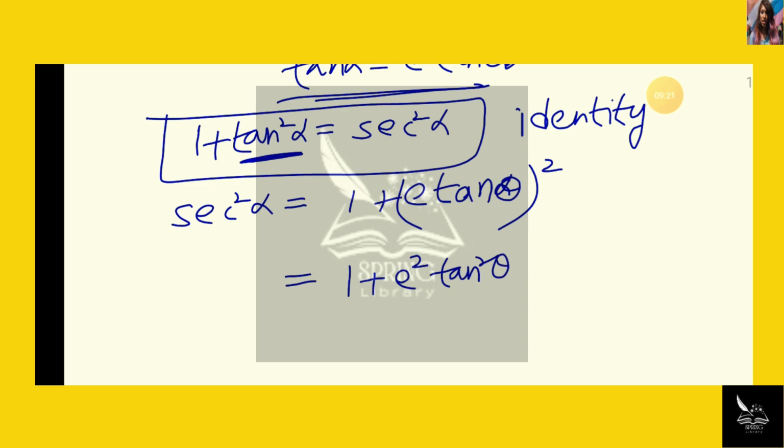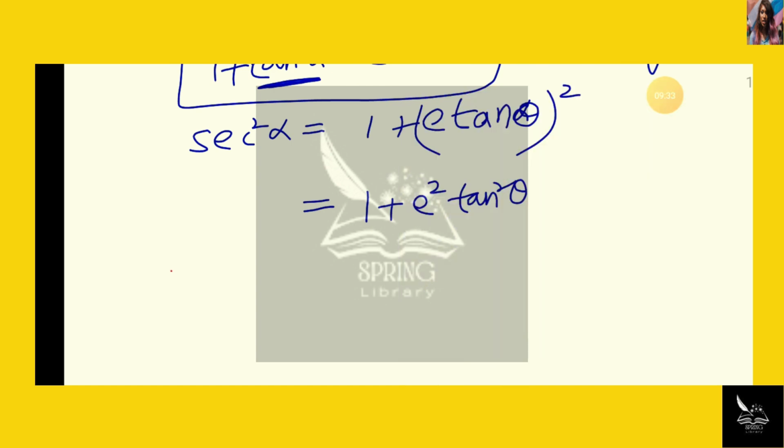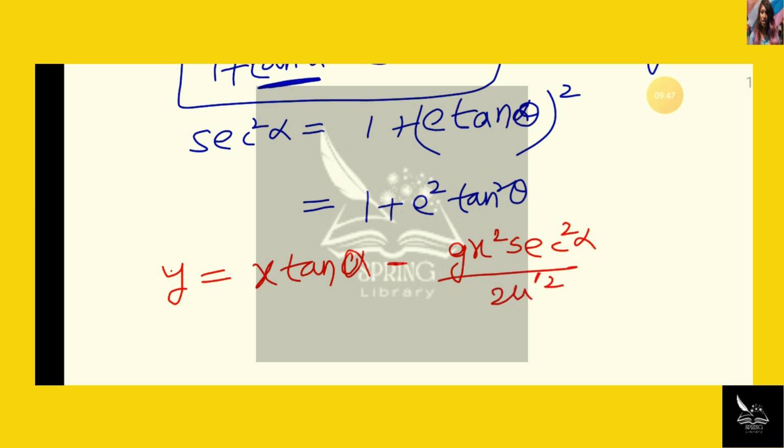So now the next step is to write the equation of projection. The general equation is y is equal to x tan alpha minus g x square sec square alpha divided by 2 u dash square. Here x is x2.